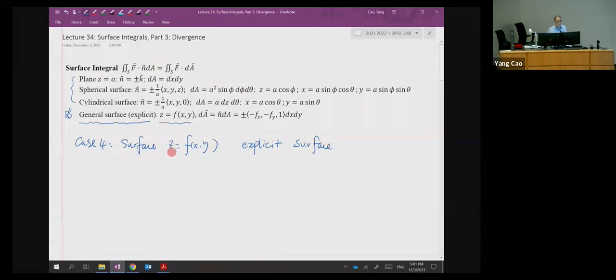We did this quite a lot. We have a paraboloid, we have a plane, and they all fall into this category. As long as you can express your surface as z equal to a function of xy, then this is the case number 4 we're talking about here.